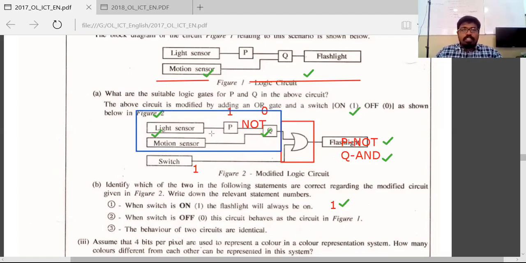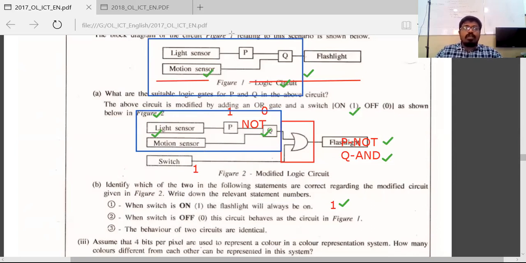So now for the second statement, the circuit will behave as figure 1, the above circuit. That is also true. Why? The switch is off, so previous circuit. This is an OR gate, and by depending on one single output, we can determine.